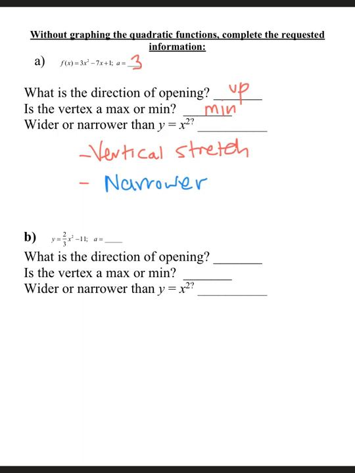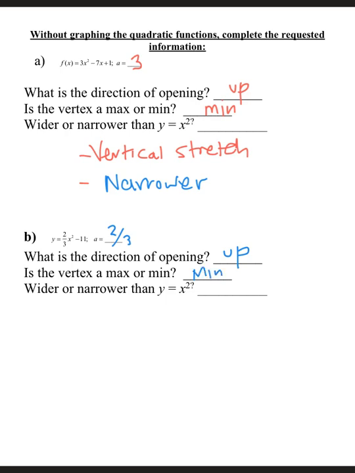Okay, now we have another one here. So a is equal to 2/3. If a is equal to 2/3, that means it's going to be opening up. The vertex is going to be a minimum.